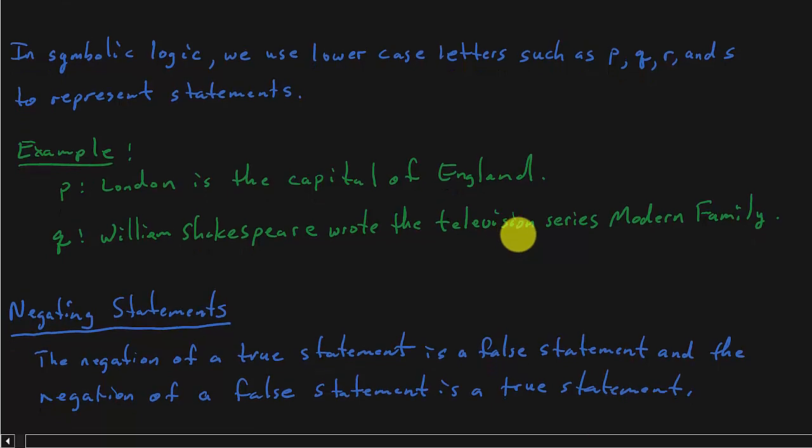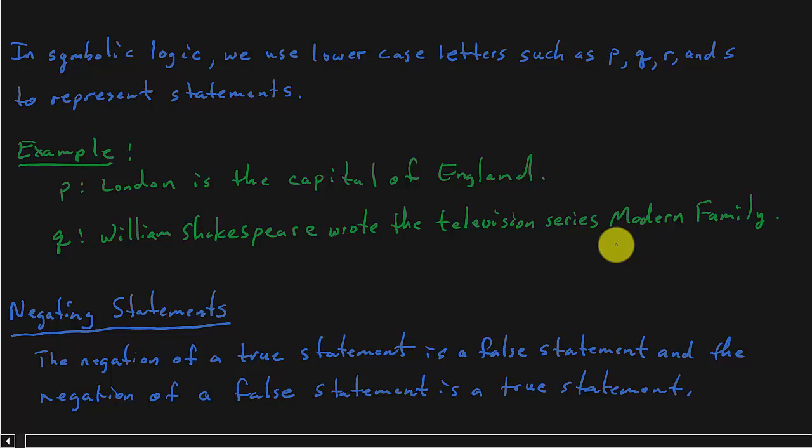So, in symbolic logic, we use lowercase letters such as P, Q, R, and S to represent statements. Okay? So here's an example. P represents London is the capital of England. Q represents the statement William Shakespeare wrote the television series Modern Family.